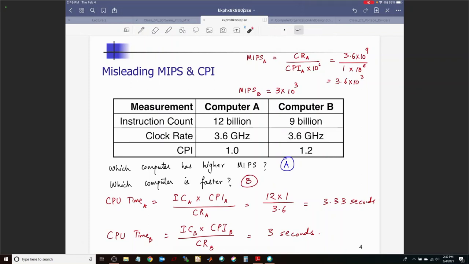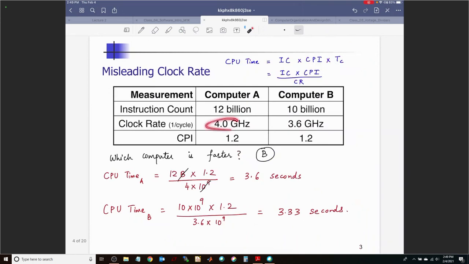So over here, what does that mean? This means that if you looked at MIPS, your answer would have been different from looking at the CPU time. So you cannot just look at the clock rate. In this case, I can't just look at the clock rate because clock rate over here was better for A, but computer B turned out to be faster.